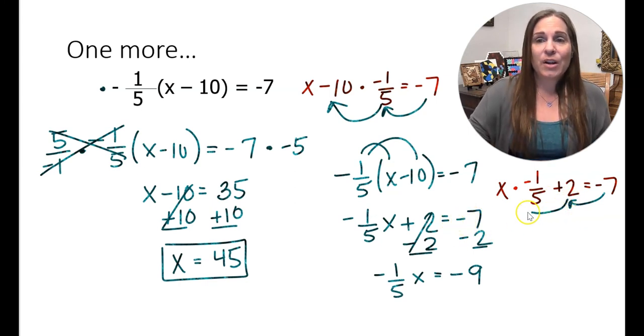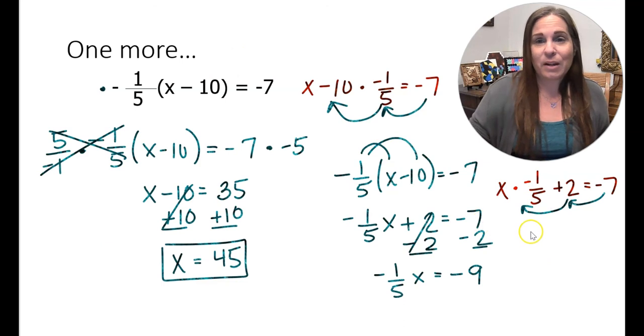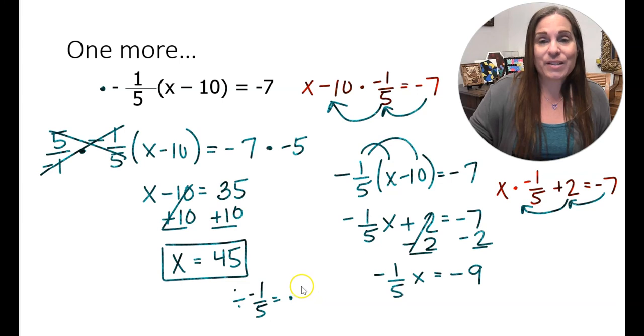Now I need to undo multiplying by -1/5. So I have to divide by -1/5. But we already looked at what that means. Dividing by a fraction is multiplying by the reciprocal, right? So we're going to use that right here.